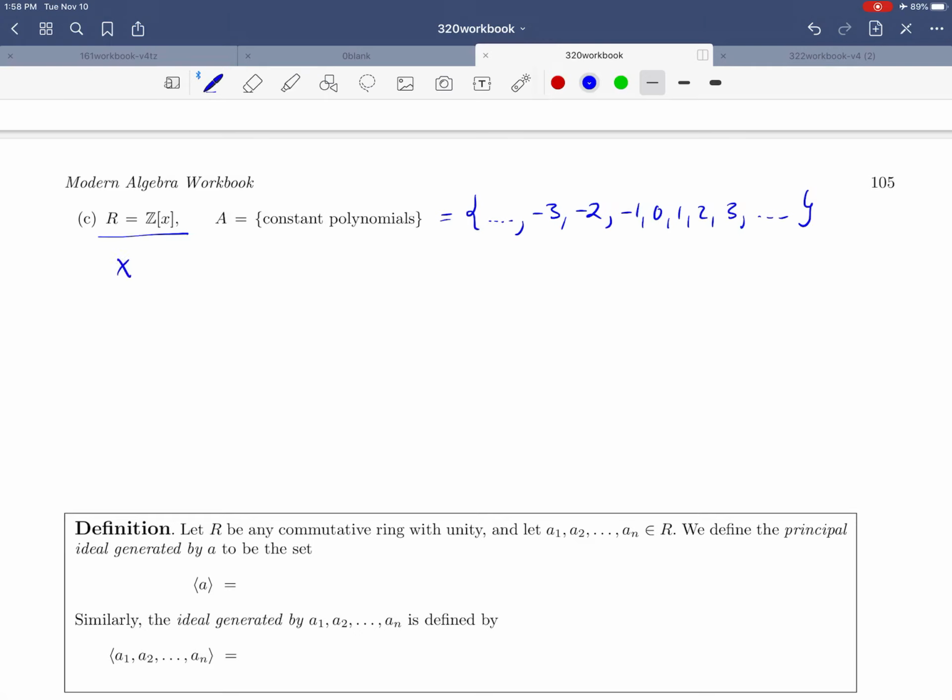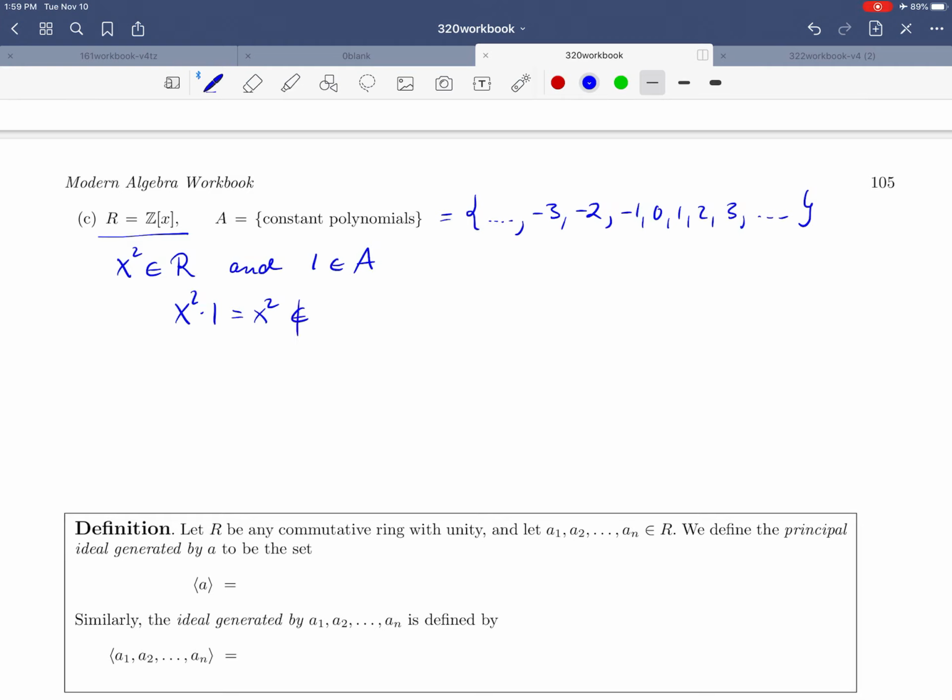We could take, for example, x squared. That is definitely in our ring. It's a polynomial with integer coefficients. And let's take something in A, could be anything in there. Let's take 1. If I take x squared and multiply by 1, that's x squared.